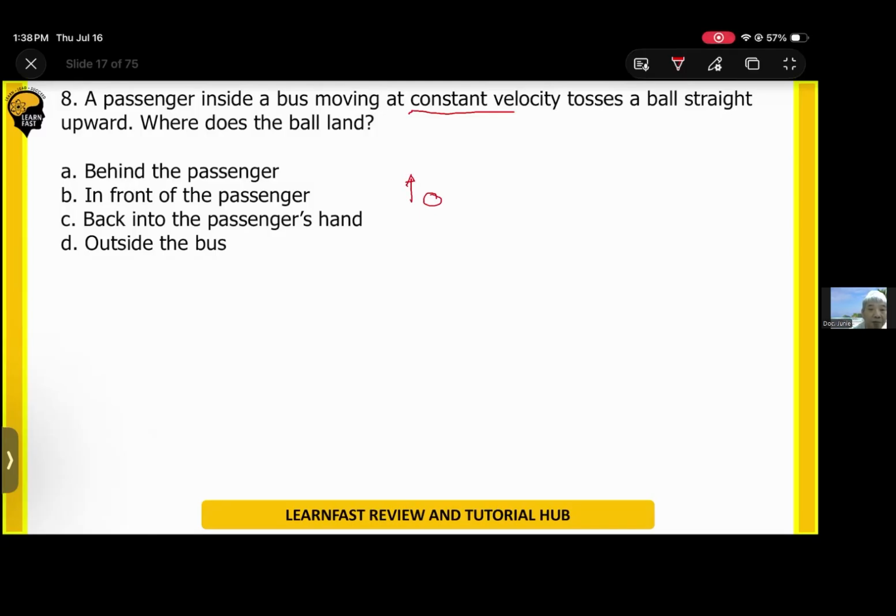So it will rise up. And then it will go down. And remember the bus is here. And the passenger is inside. He tossed the ball. Now, the bus is moving at constant velocity. So therefore, the acceleration of the bus is 0.